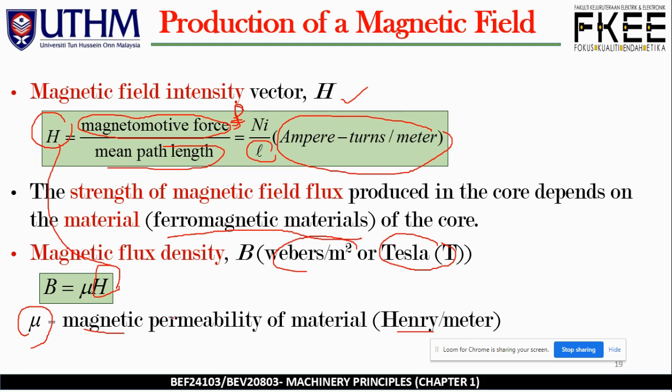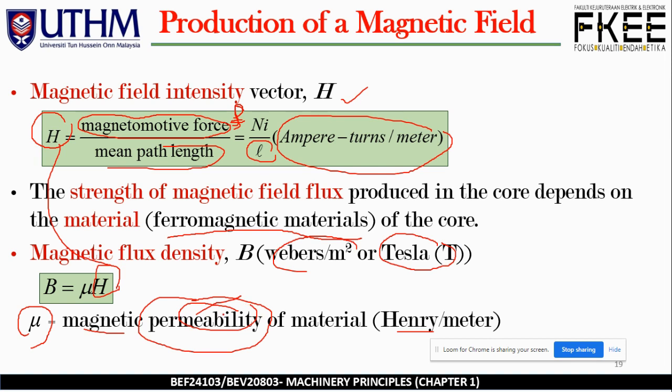So let me define the word permeability. It is nothing but the degree of magnetization that a material obtains in response to applied magnetic fields. Or in simpler words, permeability is the ability of a material to support the formation of a magnetic field.